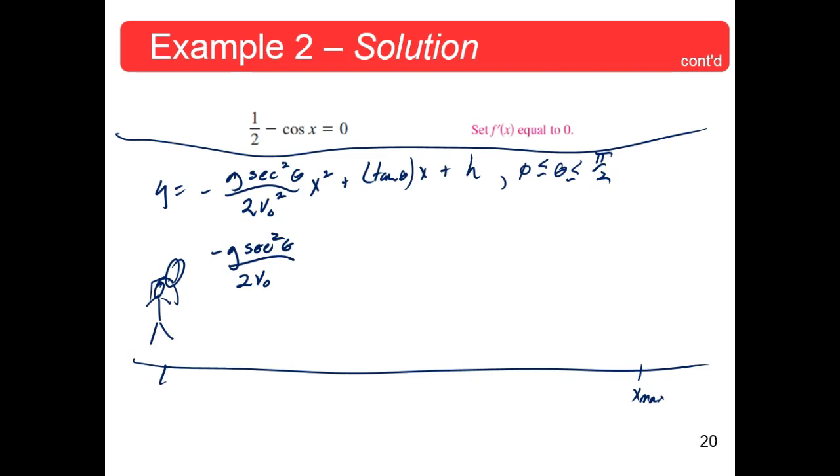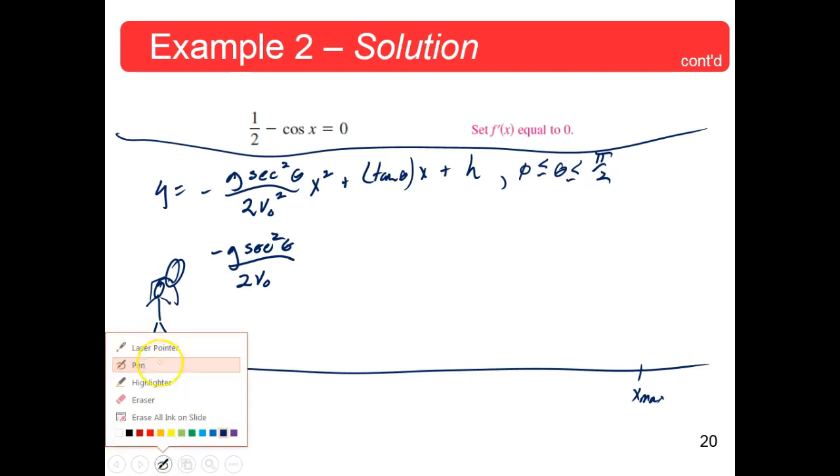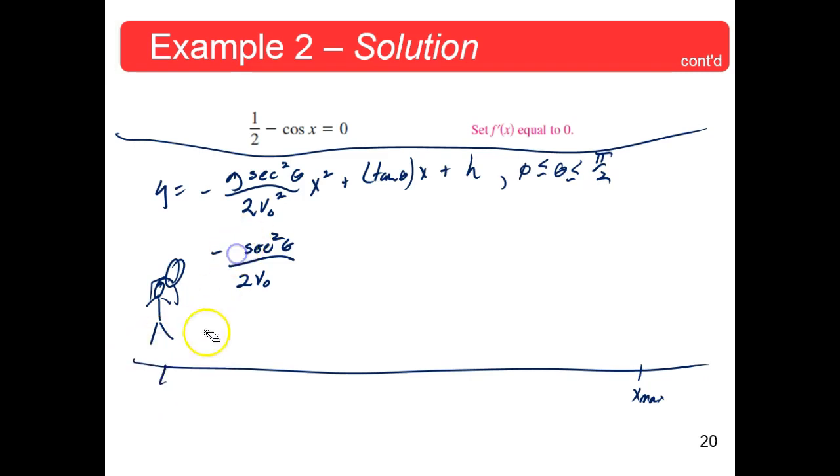G is 32 feet per second squared. V0 is 24 feet per second. H is 9 feet. So let's plug in everything we already know. The g we're going to put as 32. We're going to leave off the units now. I hate to do that, but it just will mess up the problem.